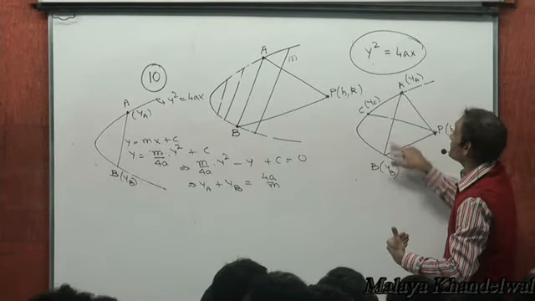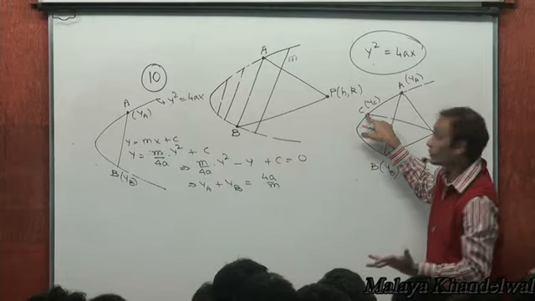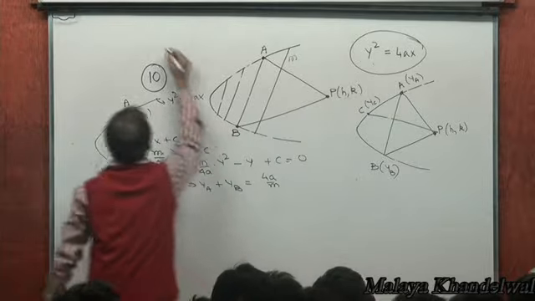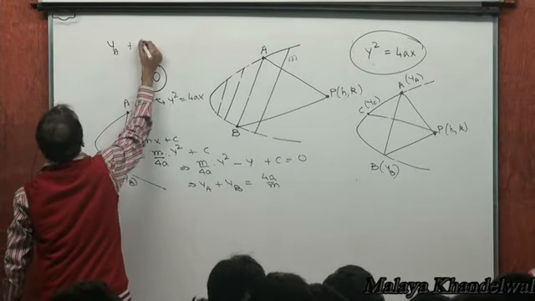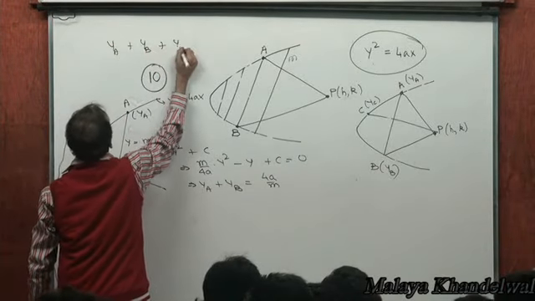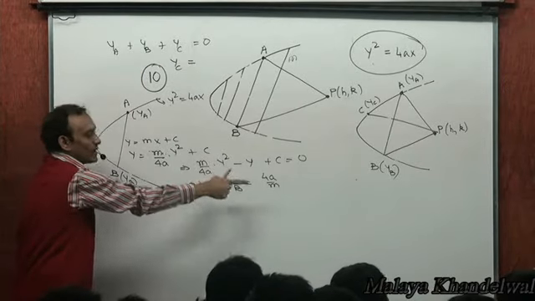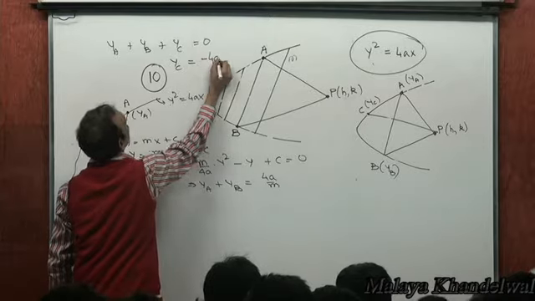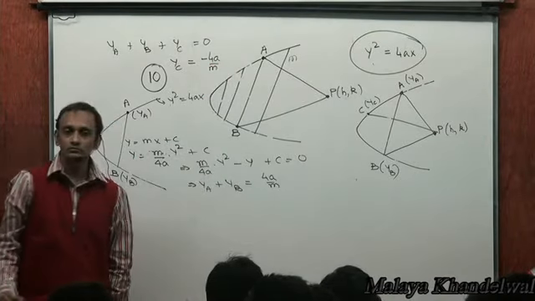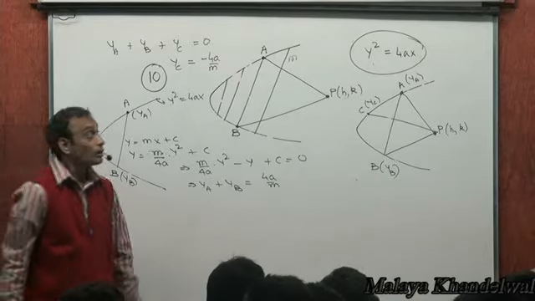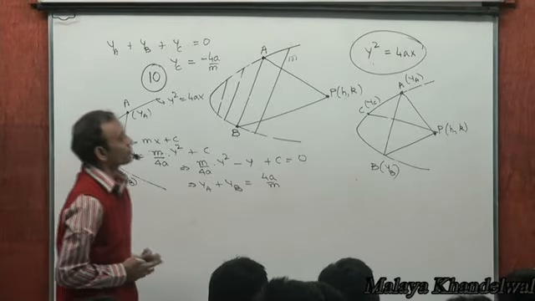So ya plus yb plus yc must be 0. So if ya plus yb plus yc is 0 for 3 co-normal points for a standard parabola, yc turns out to be minus of ya plus yb. That means minus 4a by m is yc. Now, which means what?